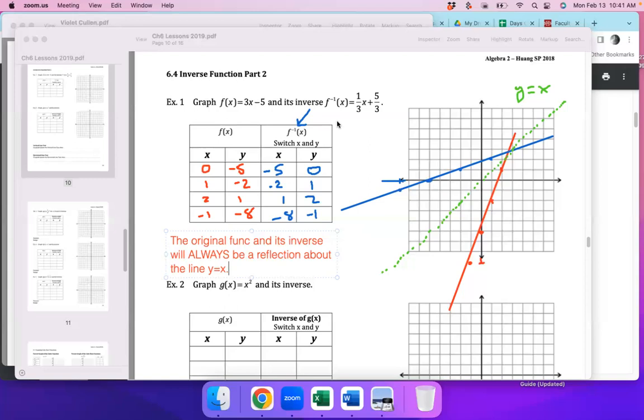They would map onto each other. So what happens is that the blue and red lines are symmetric about the green line.